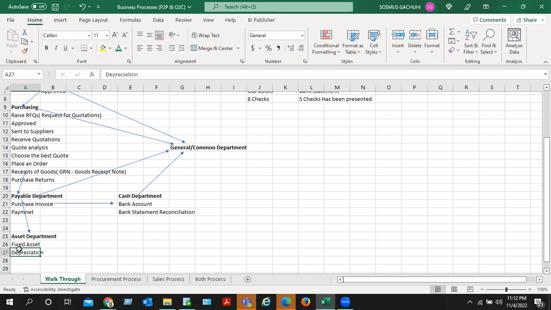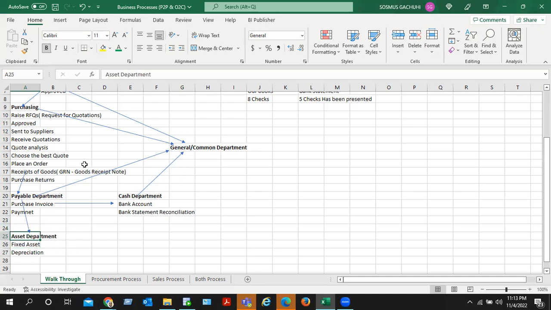So those are the main things you are supposed to note: if an item is not an expense item and it's not an inventory item, it will be a fixed or an asset item. At that time, information has to be shared from payables to the asset department, telling them they need to maintain that information as an asset that has been purchased in the organization.